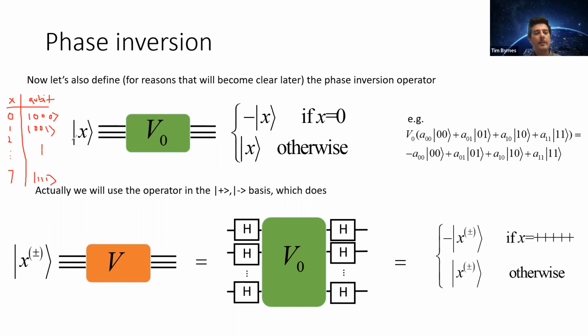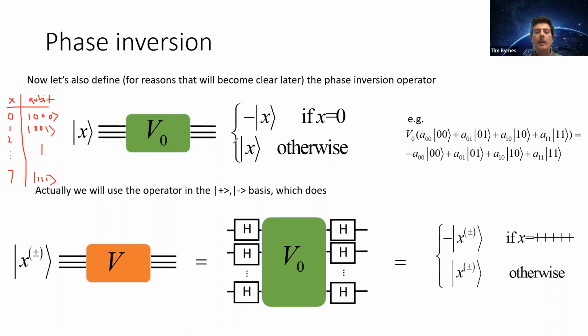So that's what I mean when I say state x. It's a multiple-qubit state. And when I say x equals 0, I mean the 3-qubit state in this case with all the qubits 0.